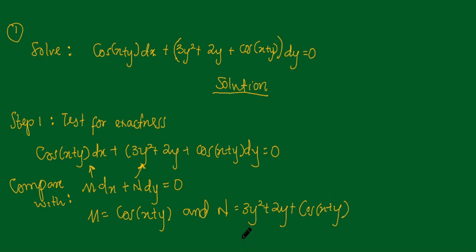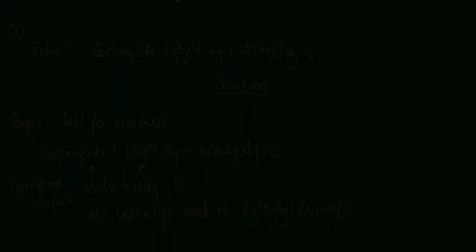Since we've identified what M and N are, we can now test for exactness. Now, recall that the condition for exactness is that the partial derivative of M with respect to y must be equal to the partial derivative of N with respect to x.